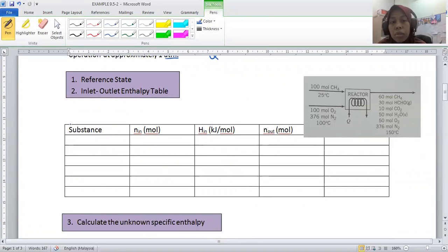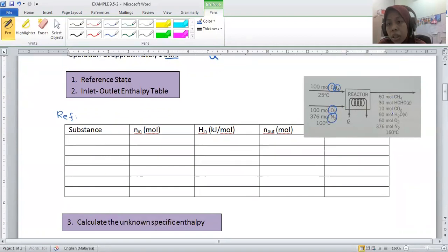Because we have already chosen our method, we go through the reference state. For the heat of formation method, our reference is in the element form. So you check your process flow diagram. We have the elements carbon, hydrogen, oxygen, and nitrogen.